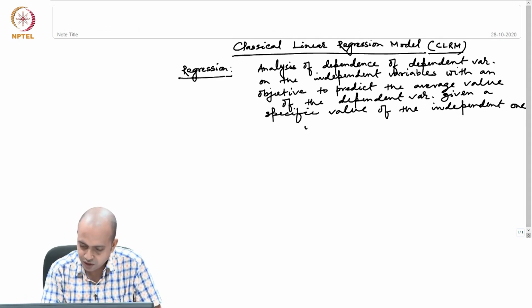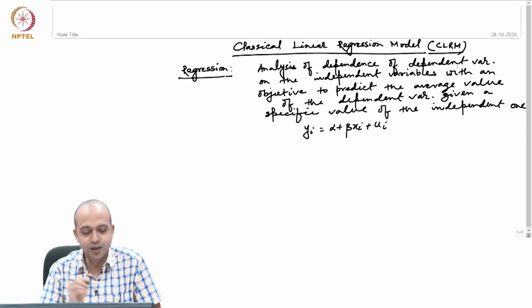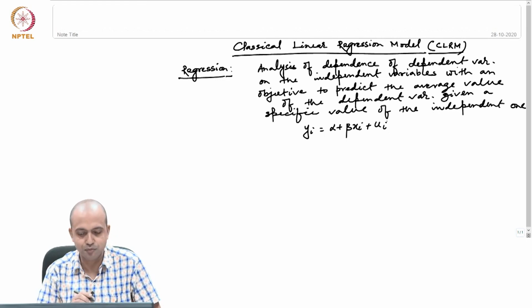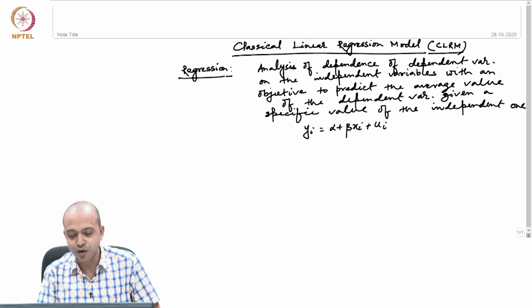That means when I write this type of model, yi equals alpha plus beta xi plus ui, in the context of consumption and income, my objective in this regression analysis is to analyze how consumption is dependent on income.